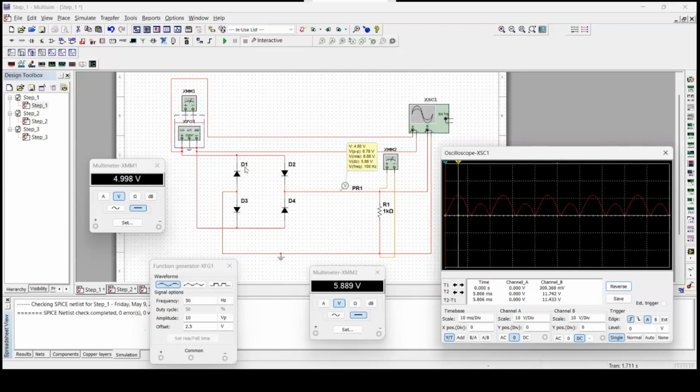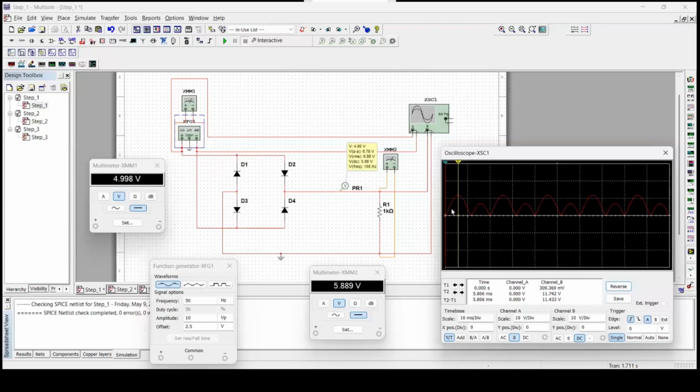But in this case, we have passed through two diodes, D2 and also D3. The full wave bridge rectifier transfers the AC voltage. In the AC voltage, it has a positive part and also a negative part. After passing through the full wave rectifier, it will produce in one direction only, all positive.